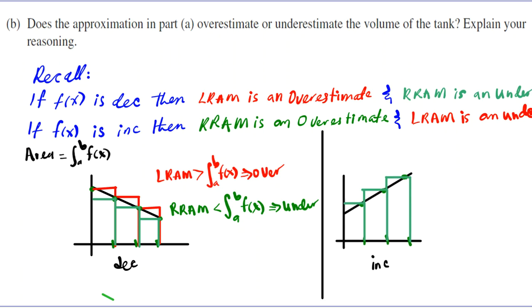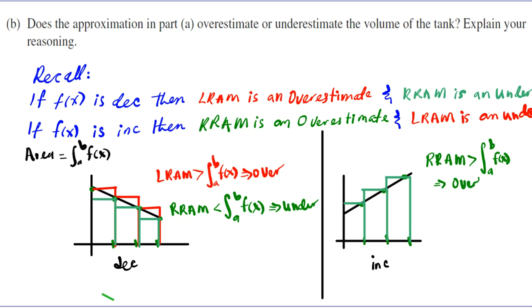In this situation, the right rectangular approximation is greater than the exact area underneath the curve, which is the integral from a to b of f of x dx. And what does this imply? This implies that we have an overestimation for the right rectangular approximation.